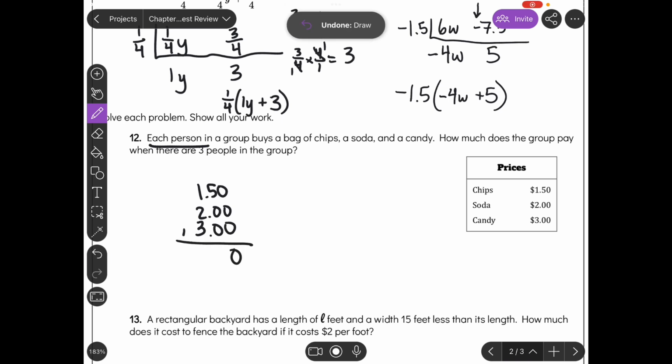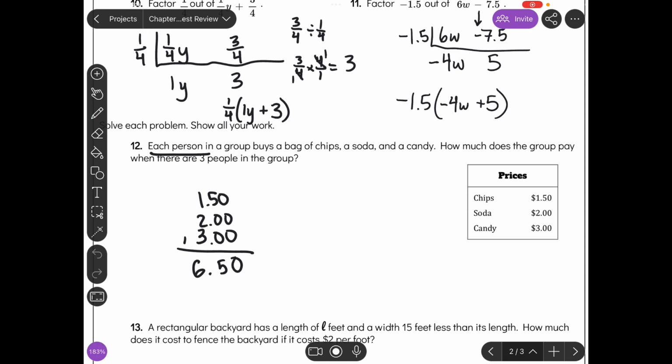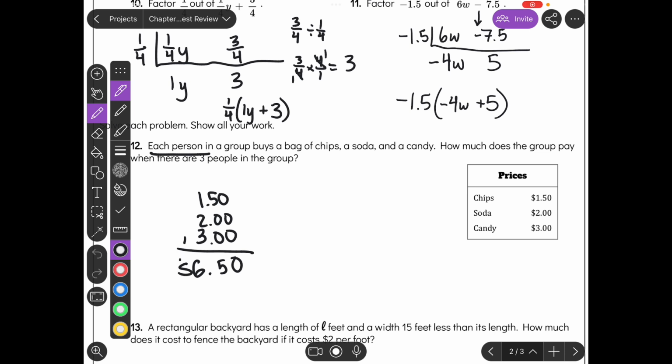And total for each person is going to be $6.50, right? From there, really, it's $6.50 per person. So I can label it like that.